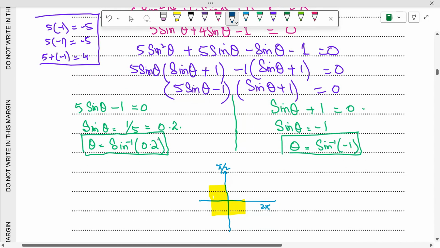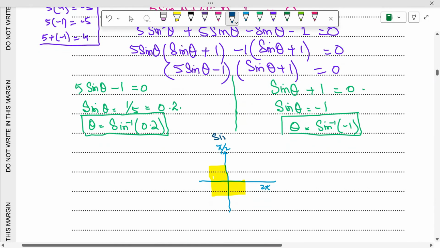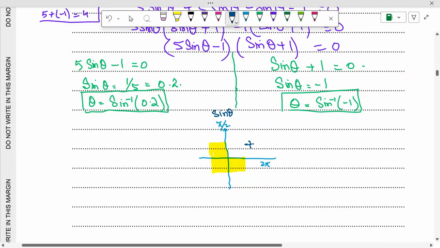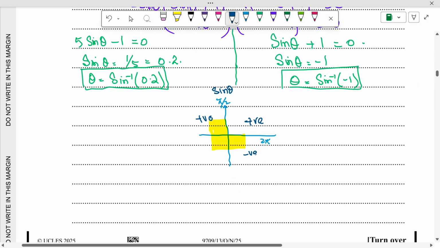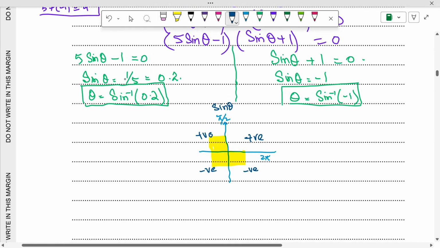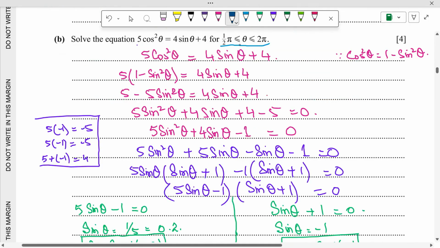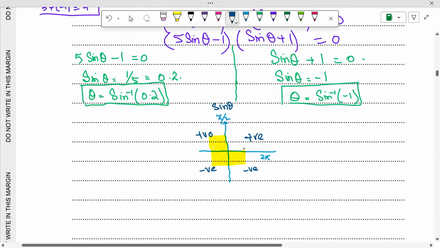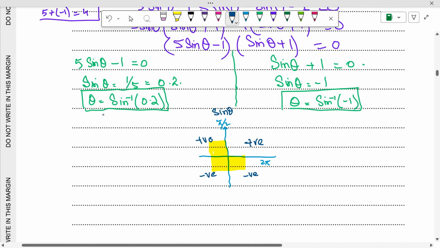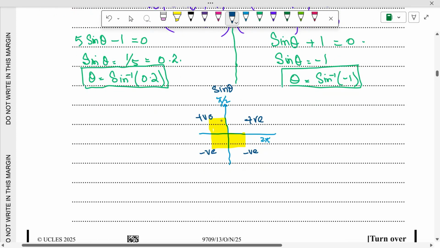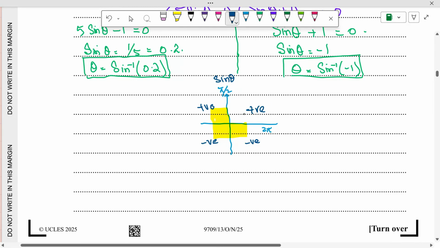Secondly, we know that the sine function is positive in the first and second quadrant and negative in the third and fourth quadrant. So 1 over 5 is a positive value, so this angle should be in the first or second quadrant, where the range says the angle should not be in the first quadrant. So we need to find the angle in the second quadrant, because the positive value only exists in the first and second quadrant, and a first quadrant angle will not satisfy the given range.